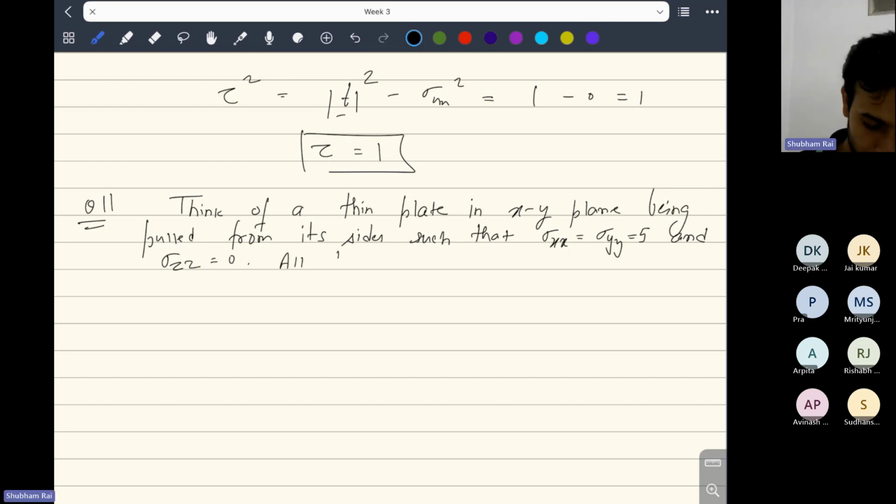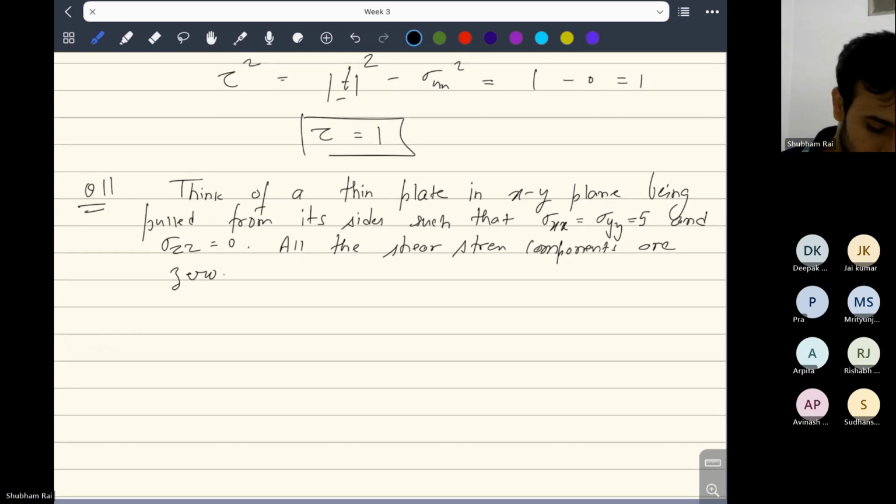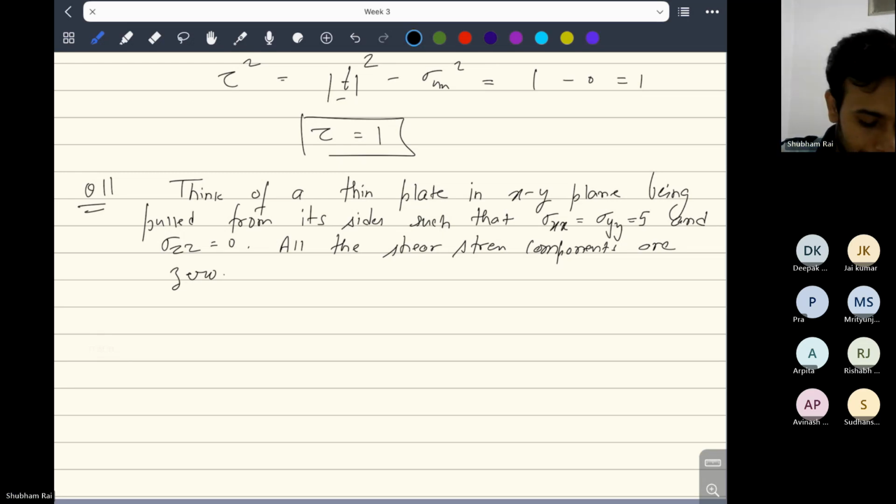And it's given to you that all the shear stress components are 0. Means it's a principal plane. Okay, so x and y directions are principal directions, and z also.